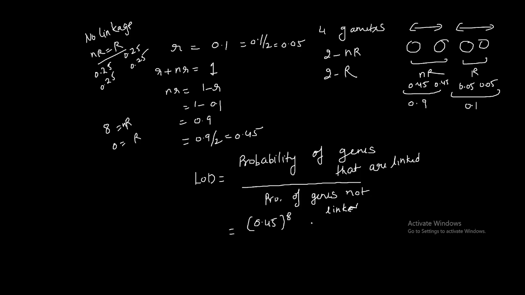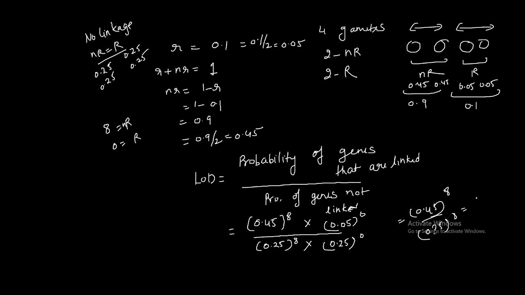Now the frequency of recombinants is 0.05, and how many do you have? 0. This is divided by the frequency of non-recombinants and recombinants when not linked, which is equal, so 0.25 and 0.25, and 1 to the power 0 is equal to 1. So you will get 0.45 to the power 8 divided by 0.25 to the power 8, and you will see the value is not more than 3. If it is not more than 3, you can say the genes are not linked.